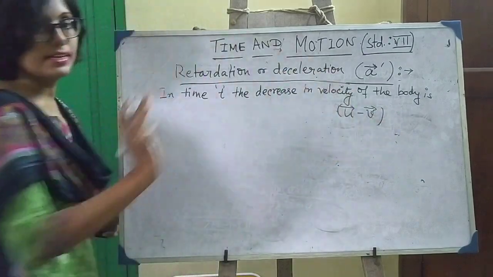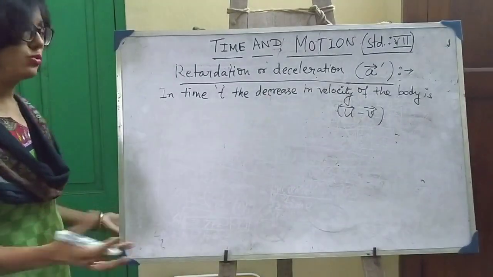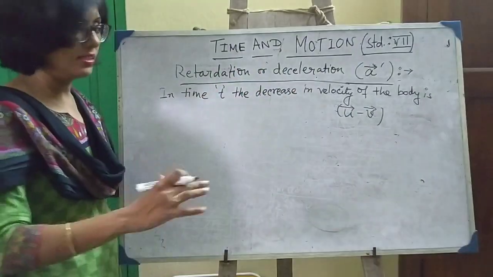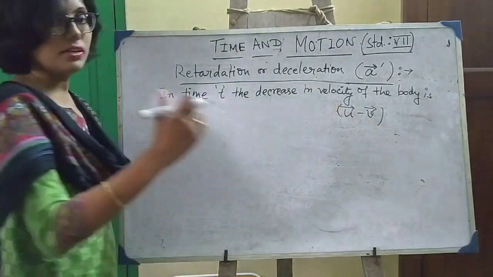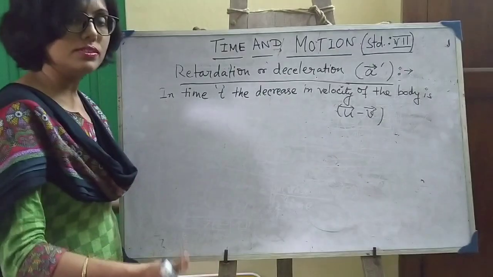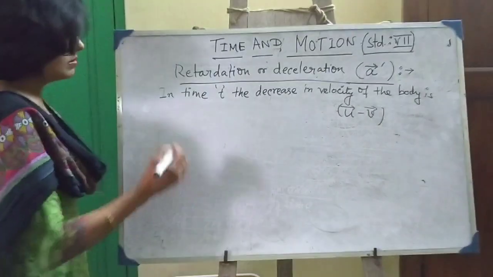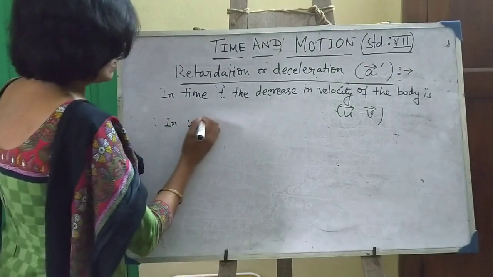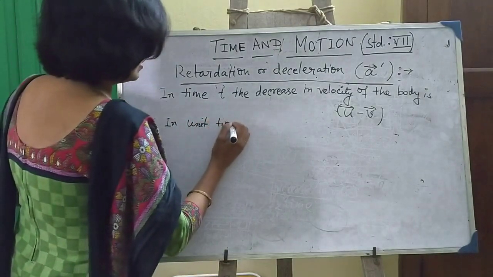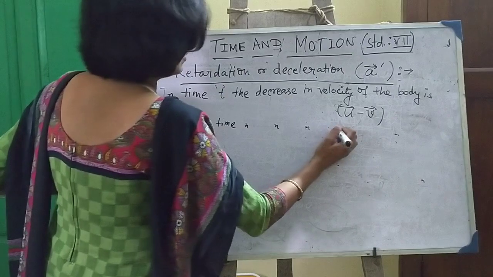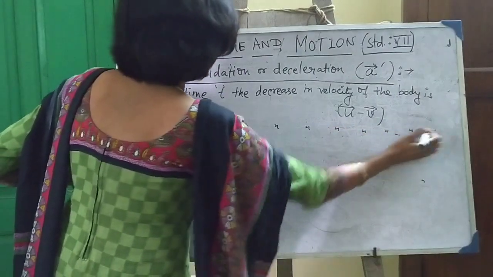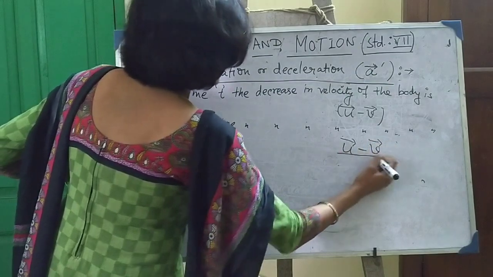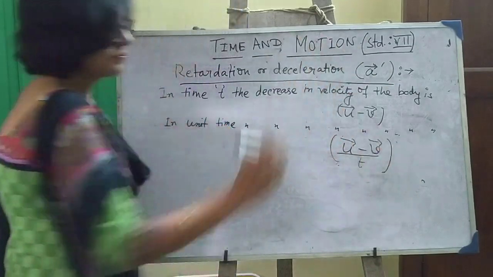Initial velocity is greater than final velocity, so the velocity is decreasing. So in time t, the decrease in velocity is nothing but the difference between the initial velocity and the final velocity. Again, apply unitary method, that is, in unit time, the decrease in velocity of the body is u minus v divided by t.